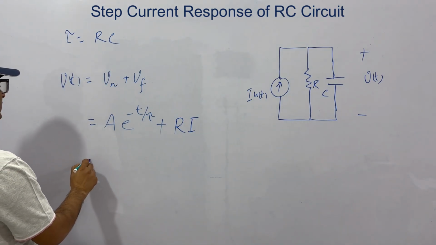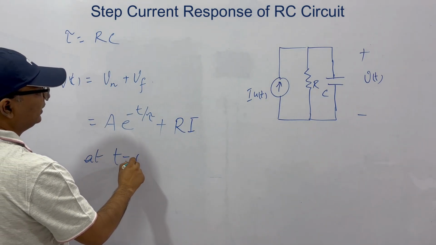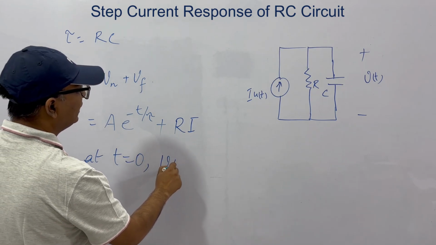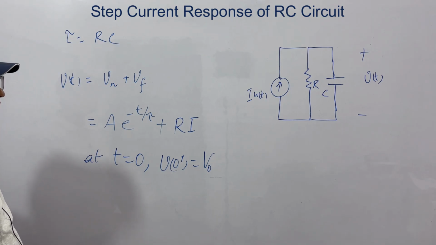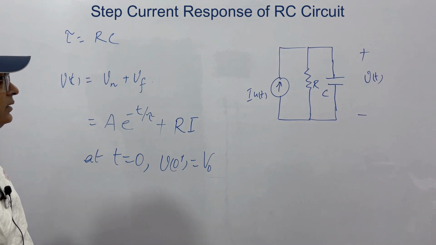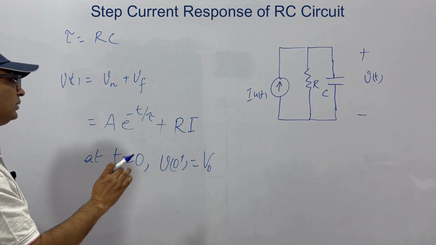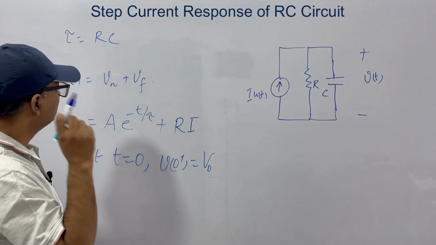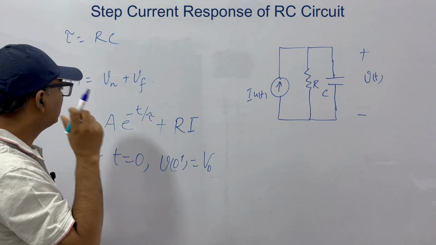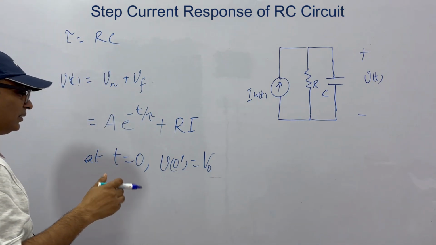Now let's see the initial condition. At t equal to 0, let's say our capacitor was charged to V0. If the initial condition is 0, you can use 0 also. But generally, we take the initial condition for the inductor as 0 and for the capacitor as V0. This is the usual tradition.